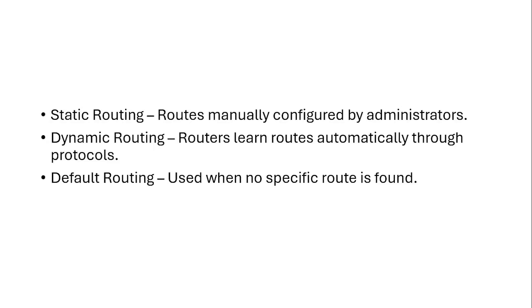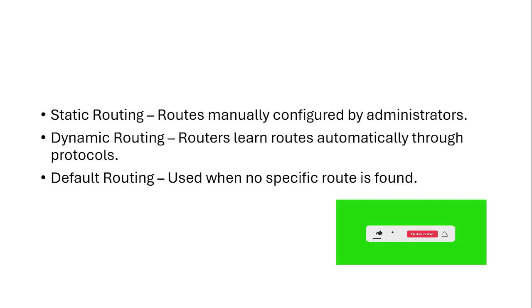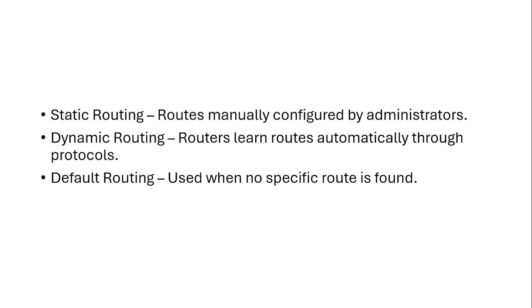In static routing, we manually give the routing to each router, and in dynamic routing, after configuring a router, when we use routing protocols like RIP and RIP version 2 or OSPF, each router automatically determines the route.